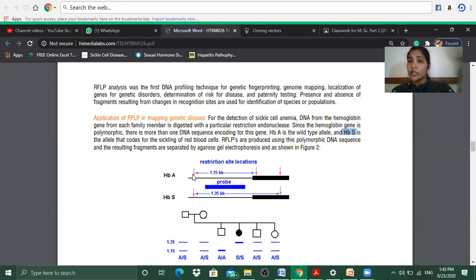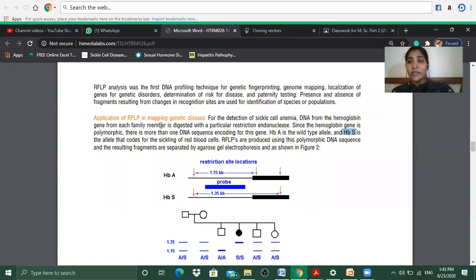Rather than having that individual come into life and suffer later on, you can do the genetic mapping beforehand and come to know whether the child that is going to be born will be a carrier, or a normal child, or will be affected by sickle cell anemia. So that could be an advantage of having this RFLP test done for genetic disorders like sickle cell anemia, because that is how you can prevent these genetic disorders from being transferred.